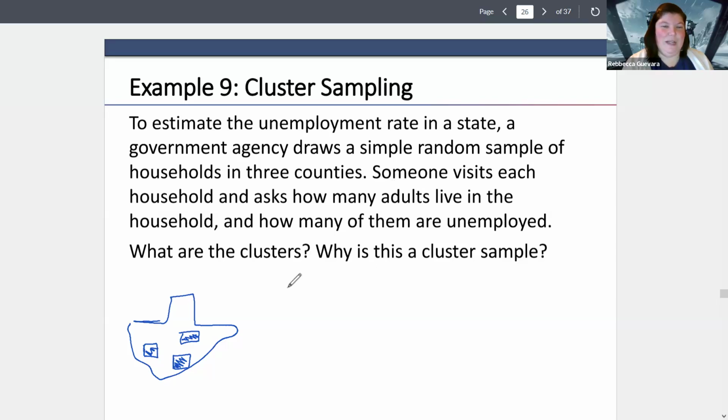So what we have here is my clusters are counties that we have in the state. We want to know, why is this a cluster sample?